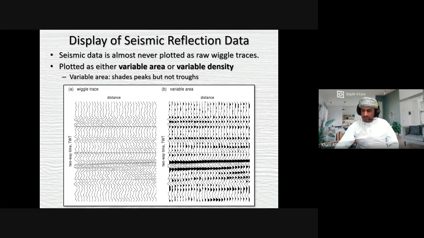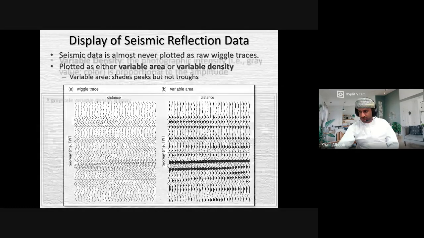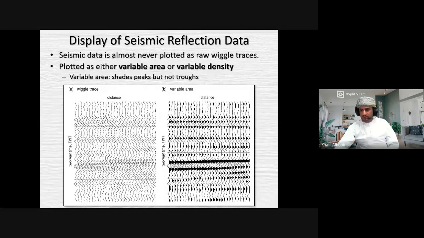This is another type of display. They call it variable area. So one area is colored black. The peak, almost all the peak from a zero baseline, they color it black. So there are traces. This is variable density.